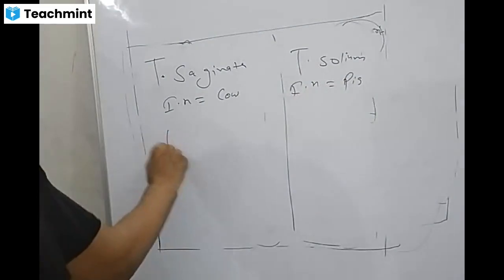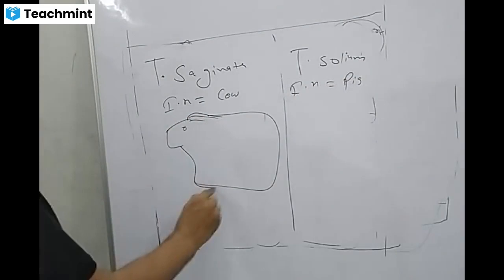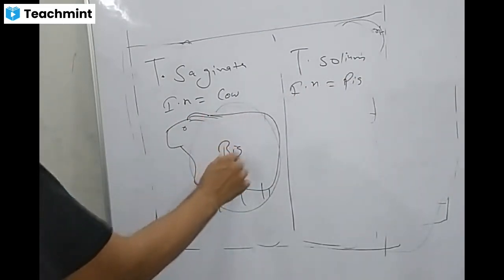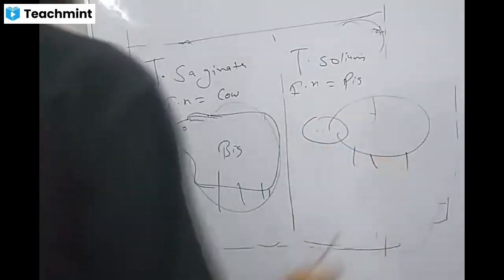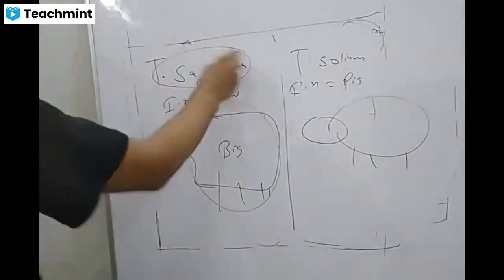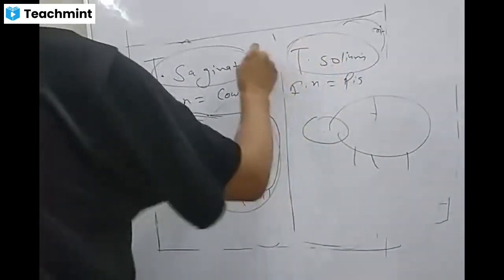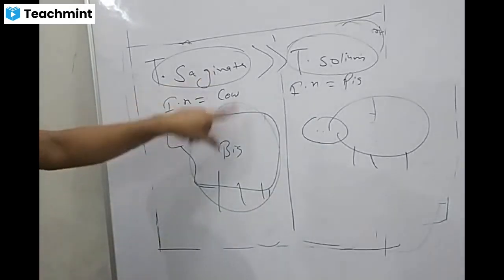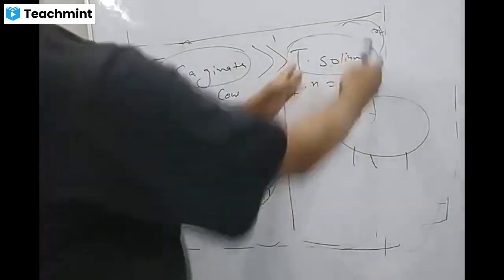So out of these two animals, the body of which animal is big? Suppose this is the pig. Cow is bigger than pig. So Taenia saginata is the largest tapeworm and solium is smaller than saginata. So if you compare the size of a cow and a pig, saginata is big and solium is small.